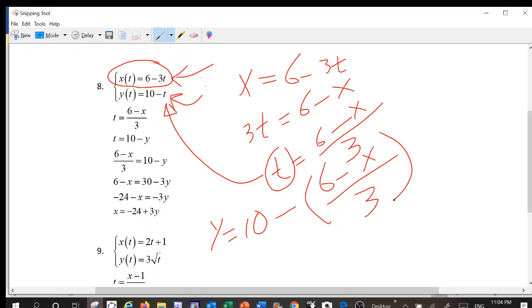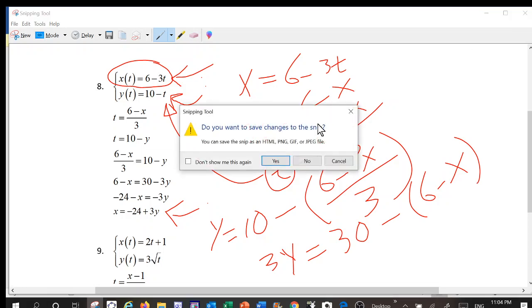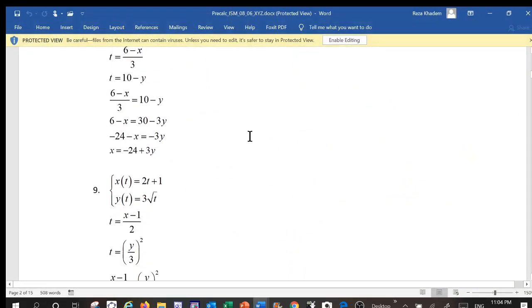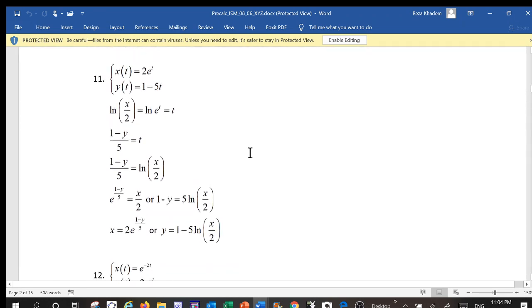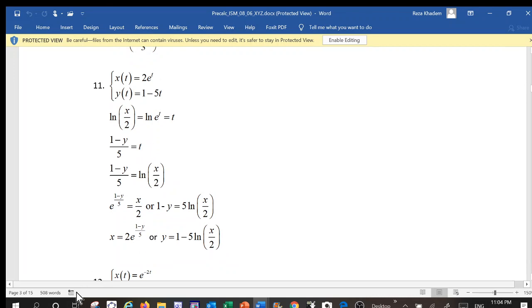You can multiply by 3 to get rid of that 3, so it would be 3y equals 30 minus (6 minus x), like that. And then you end up with this right here, if you simplify it. Okay, so that's how we can get rid of a parameter and then go back to a Cartesian form.